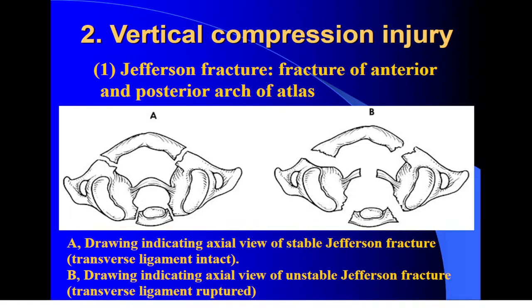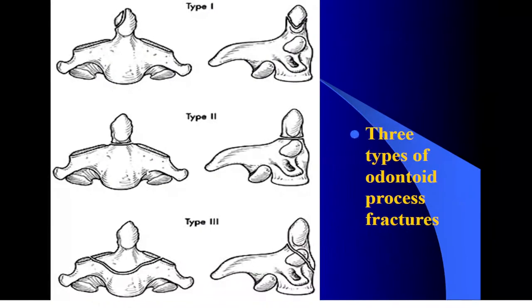Our head rotation, in general, is a movement between the arch of C1 and the odontoid process of C2. So, how can we classify fractures of the odontoid process of C2?